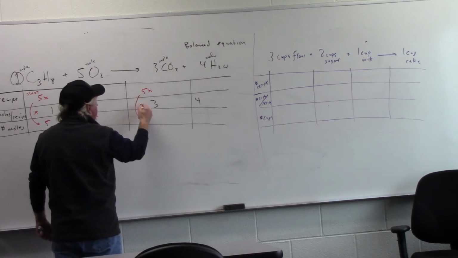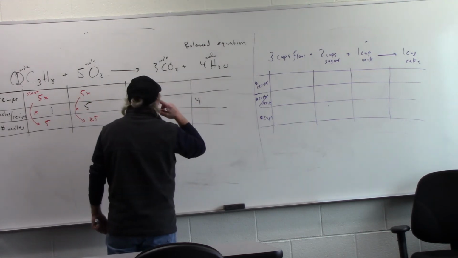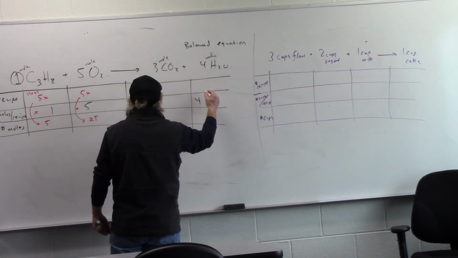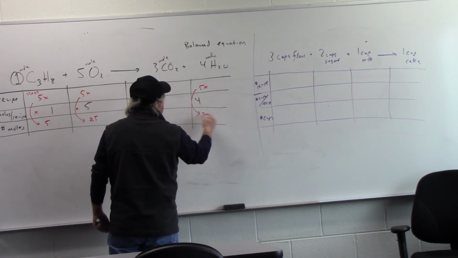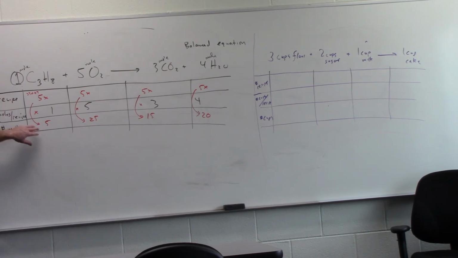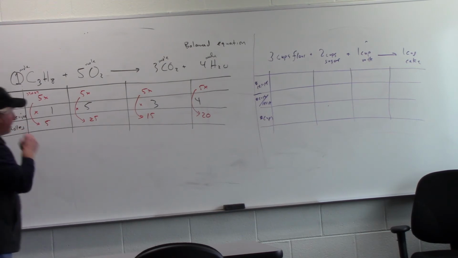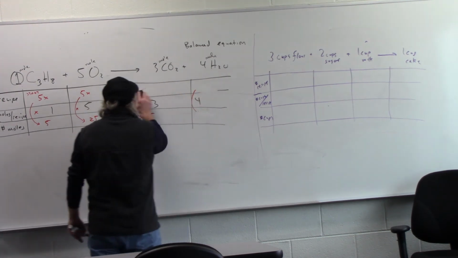Here I do 3, 5 times: 15. And then here 4, 5 times: 20. It's really that simple. It's the same idea. You start out with how many recipes, and instead of cups, it's moles.